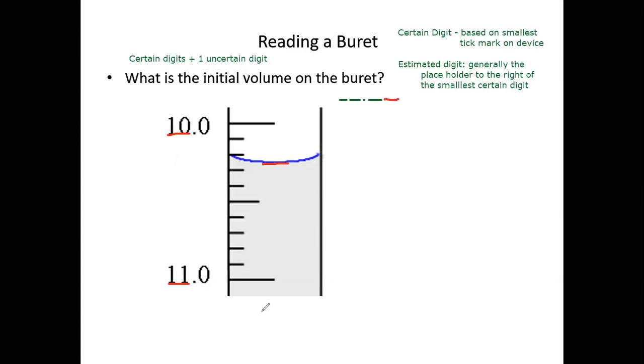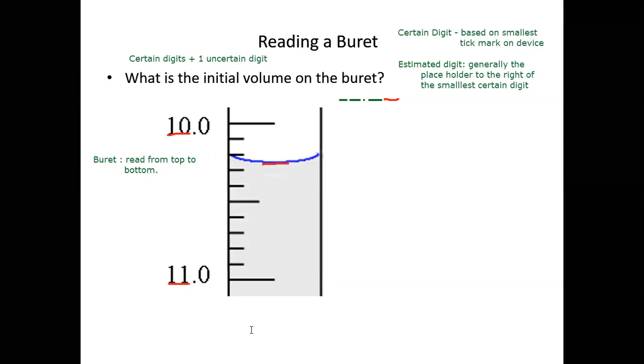Now a Buret is an interesting piece of glassware because you read from top to bottom. So you start from the top and you go to the bottom, because as you see, the top is 10 milliliters, the bottom is 11.